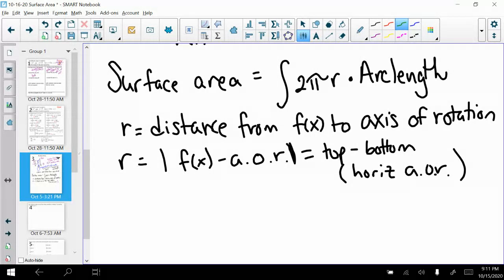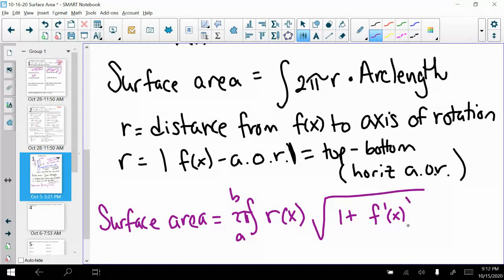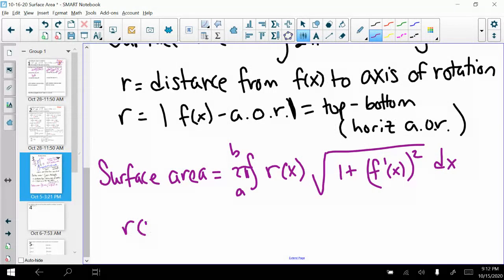So our surface area is 2 pi, the integral from a to b, and I'm going to call that still r of x, which is my distance from my axis of rotation to my f of x, times the square root of 1 plus the derivative f prime of x squared dx. And r of x equals that. I guess I wrote it like 15 times, but it's our distance.